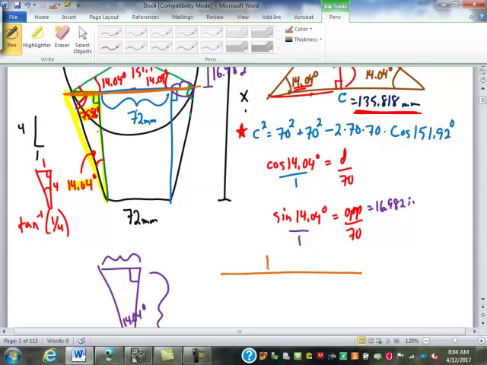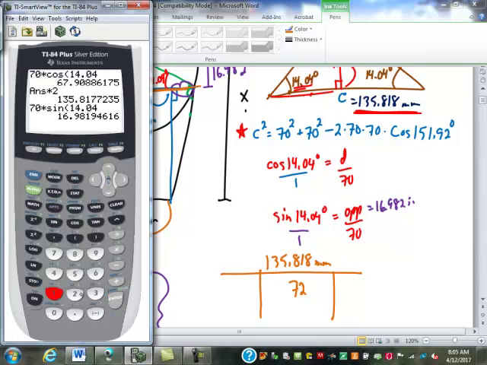I know that whole line is 135.818. Well, I know the 72 comes right out of the middle of it. So I'm going to subtract 72 from it, which gives me 63.818 left over.